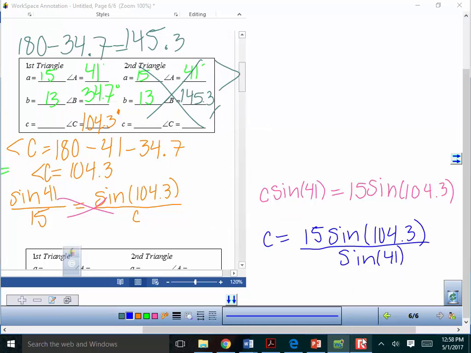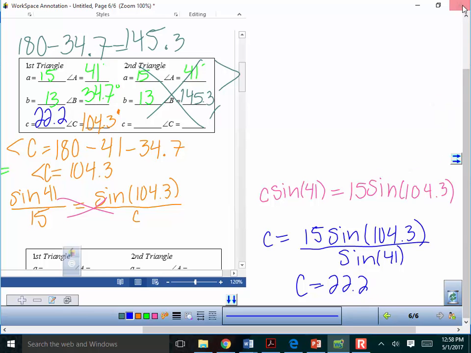Are there any questions here? What did you get for your C? 22.2? Any questions here? All right, I'll give you guys a second to write that down. Any questions? Ma'am? Yeah, C equals 22.2.